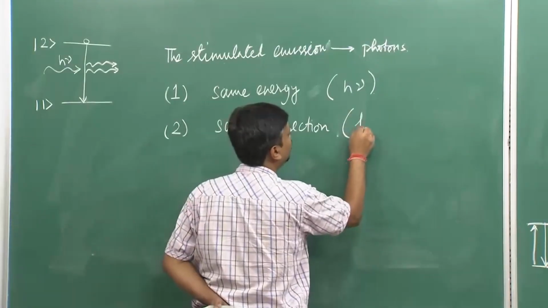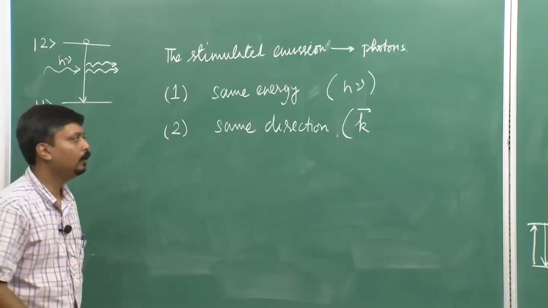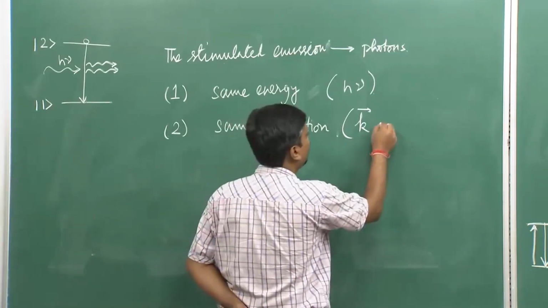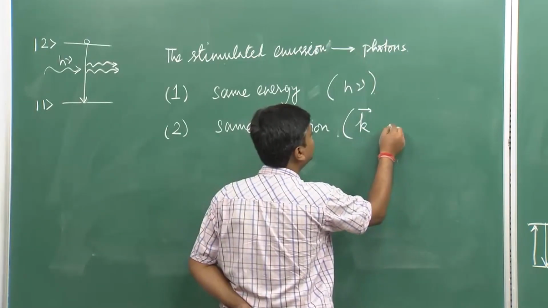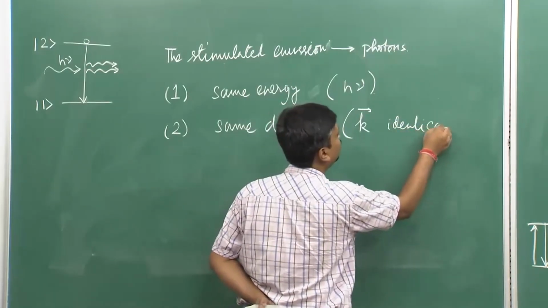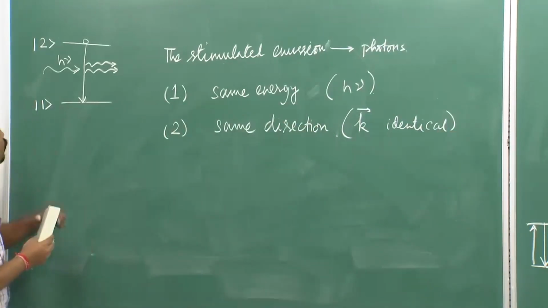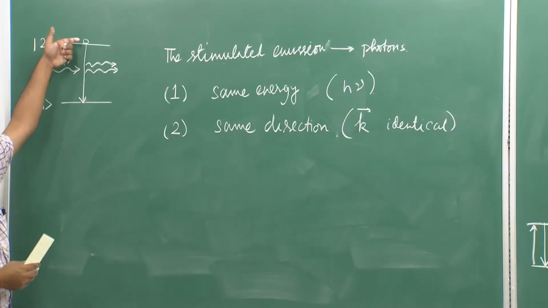If I write the direction of the photon by the wave vector k, then k is the same as that of the incoming photon.